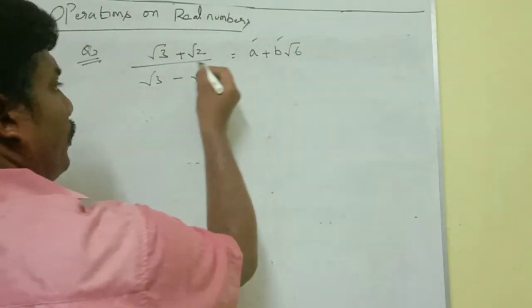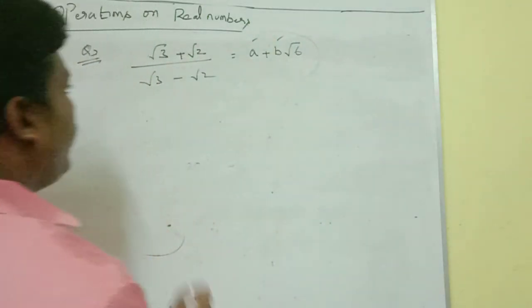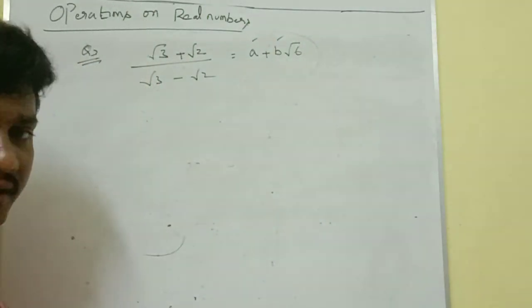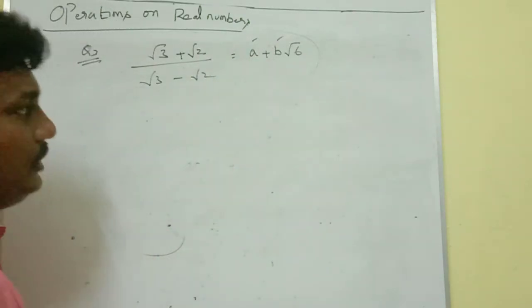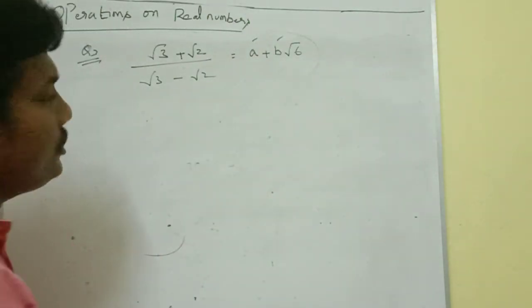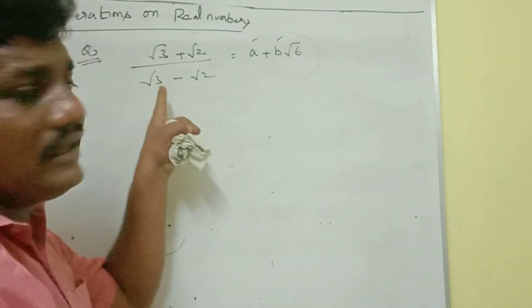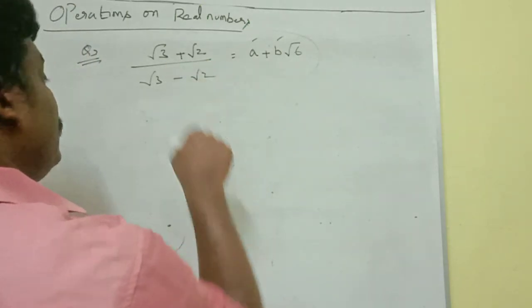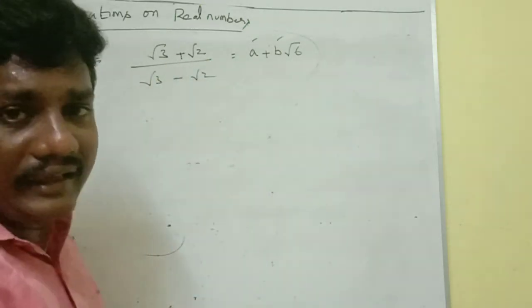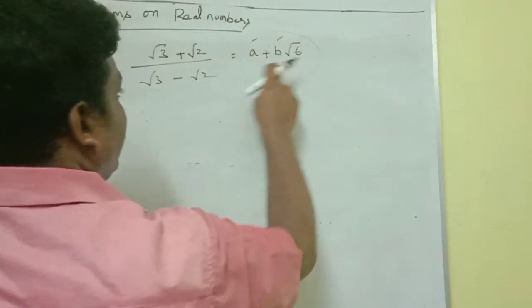There is a hint in this question. Here the numerator and denominator are there, but on the other side there is only a numerator, no denominator.